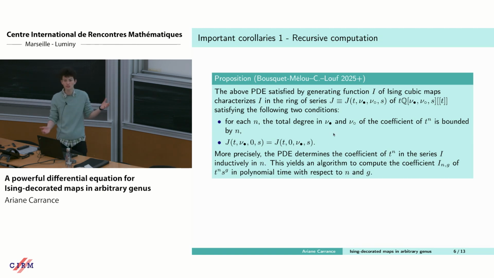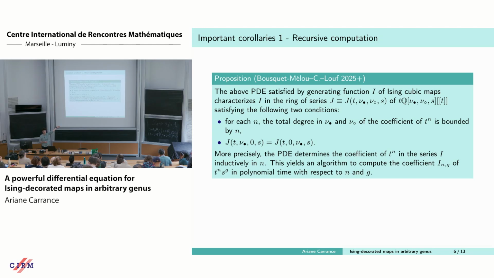So it's a weak form of symmetry because we do not assume that the whole series is symmetric in nu black and nu white. And with these two assumptions, we have a recursive algorithm to compute all the coefficients of J, which implies that it's equal to our generating function I because it satisfies the PDE and these two assumptions.